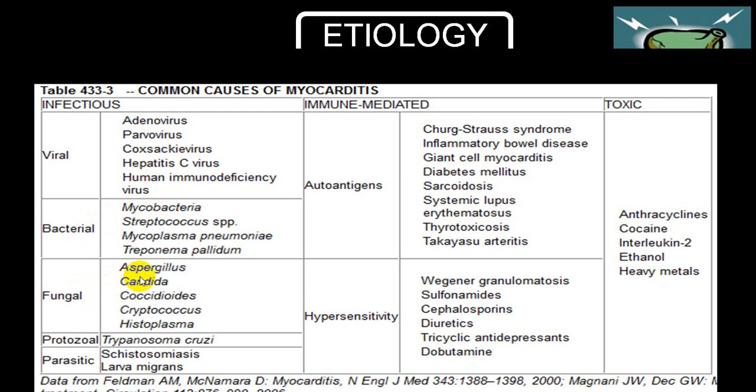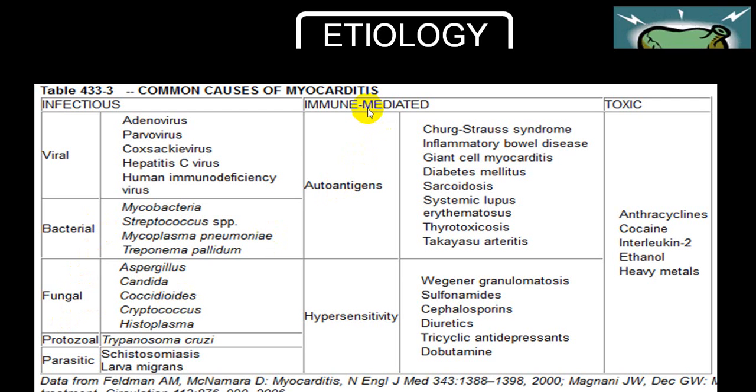Fungal: Aspergillosis, Candida, Coccidioidomycosis, Cryptococcus, Histoplasma. Protozoal, very common is Trypanosoma cruzi. Among parasites, Schistosoma and Larva migrans. These are some of the common infectious etiology, out of which viral is most common. Second common is bacterial. Fungal is usually in an immunocompromised host.